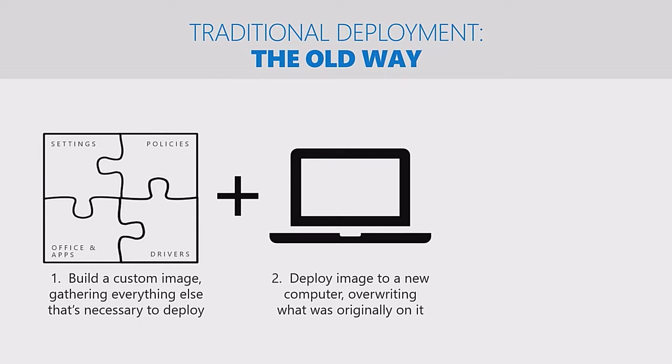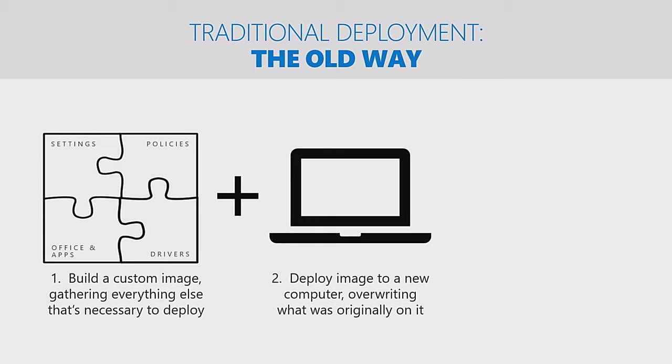So if we look at the traditional way of deploying a new device, you probably would have a fixed list of device types, different models of machines that you support in your environment. You would build an image to deploy to those devices. You would gather up all the drivers necessary for each of those models.